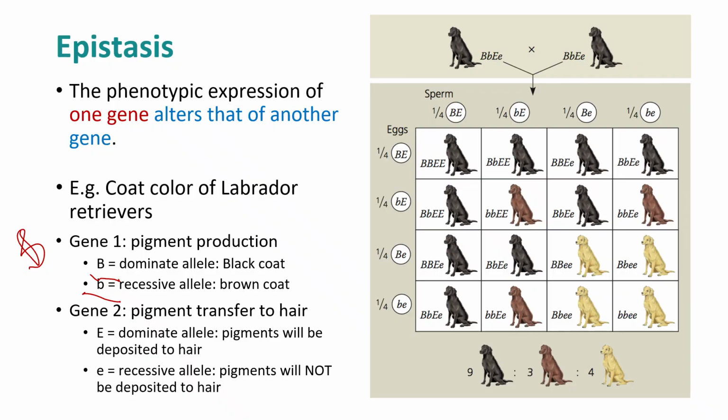So black is completely dominant over brown. So both homozygous dominant and heterozygous would be black. So if I put capital B, capital B, or capital B, lowercase b, both of these would be black. So only if I had lowercase b, lowercase b, would that be the brown coat.